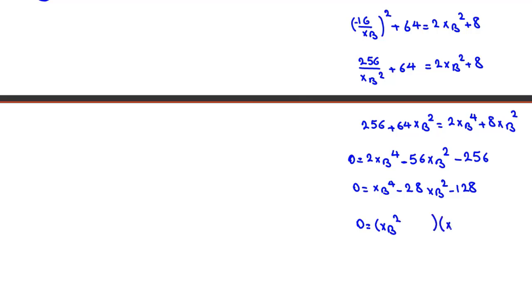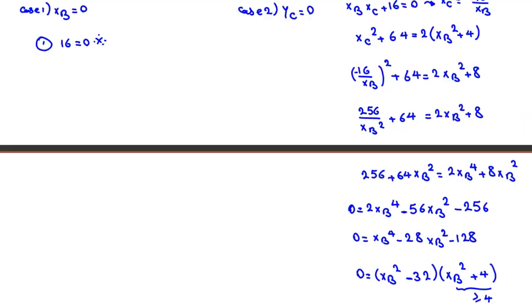If we consider minus 32 plus 4, the product is negative 128, their sum is negative 28. So xp squared plus 4 cannot be 0 because xp squared is at least 0. So we conclude xp squared minus 32 is 0. So xp squared is 32. So xp is plus minus 4 root 2.